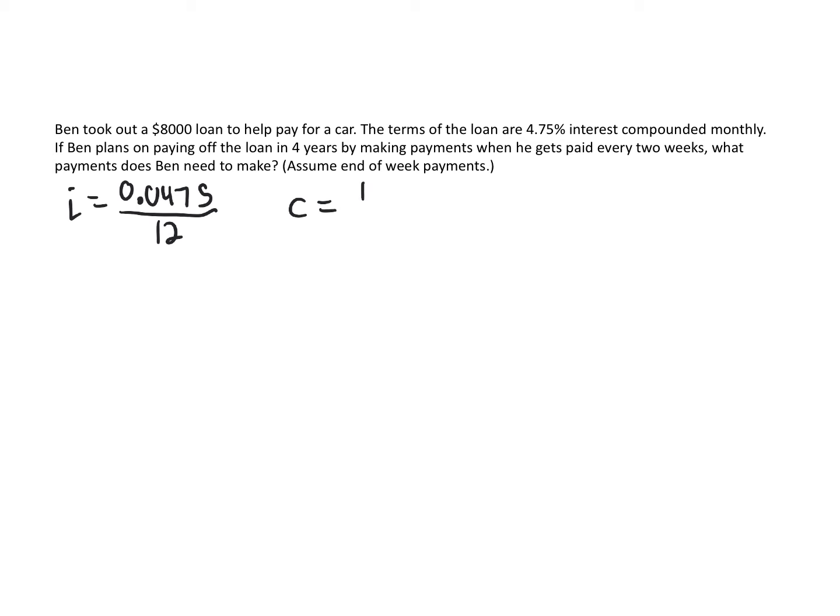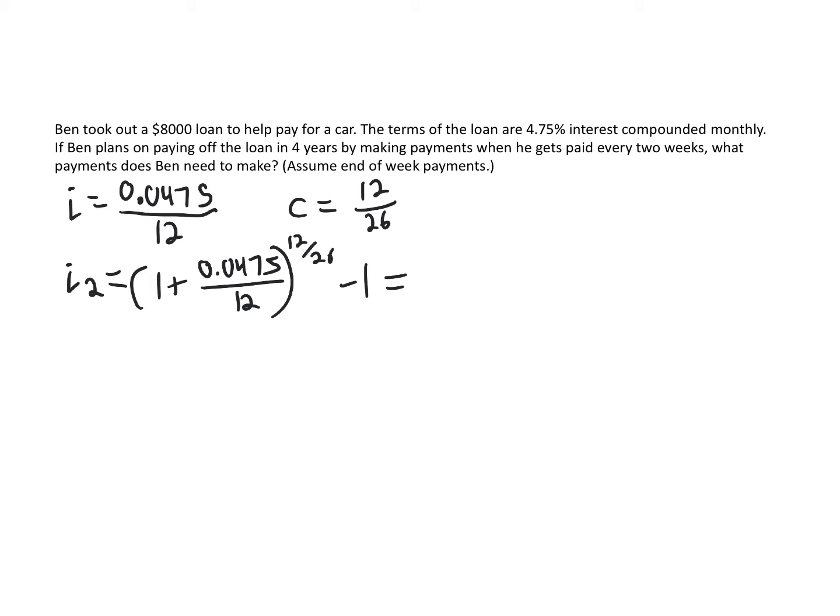So we're going to do 12 over 26, compoundings over payment frequency, and then we calculate I2 by taking 1 plus our I to the power of C minus 1, and this will give us our modified I. Now this is correcting the interest amount for monthly compoundings to coincide with the payments, okay?